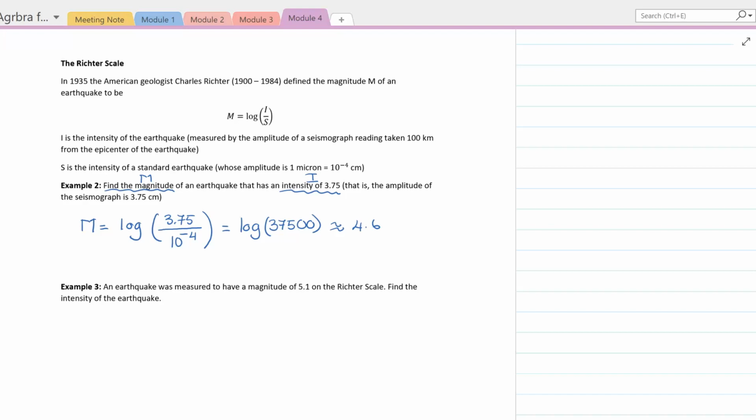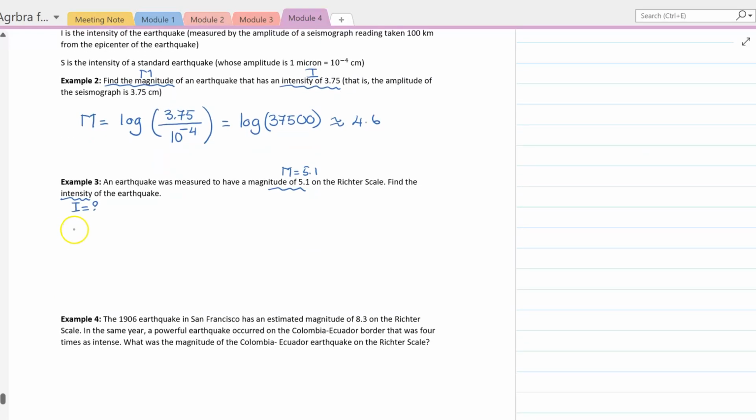In the next one, we look at an earthquake measured to have a magnitude of 5.1. So M equals 5.1, and we want to find the intensity. Let's set up the equation: 5.1 equals log of I divided by 10 to the negative 4. This implies 5.1 equals log of I times 10 to the 4.